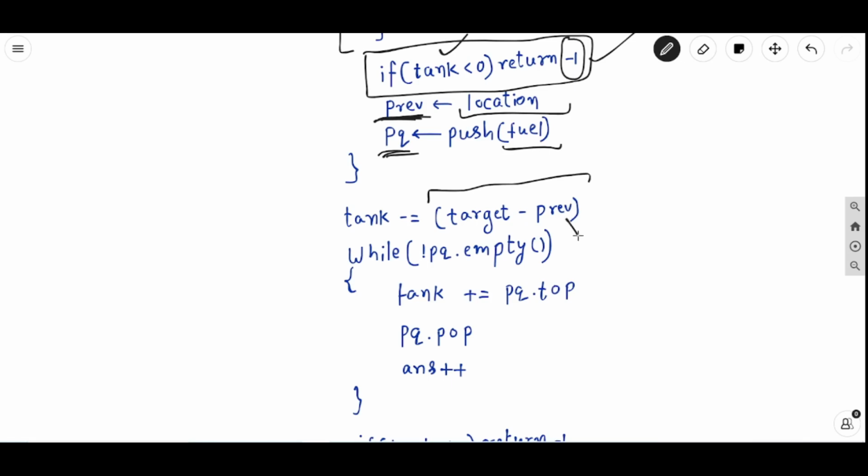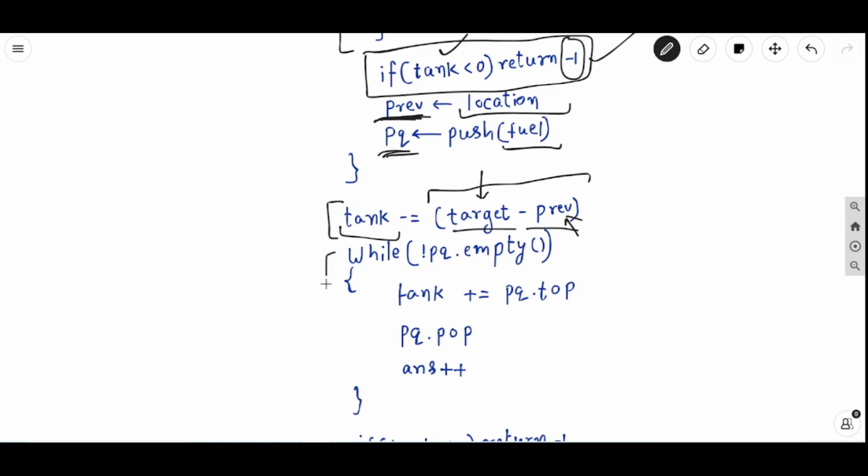So previous will store the location of the last gas station which I left, and this is the destination location. The distance that I still have to travel is target minus previous, and that will be equal to the fuel which I require in my gas tank, and that's why I subtract this fuel from the tank which I have.